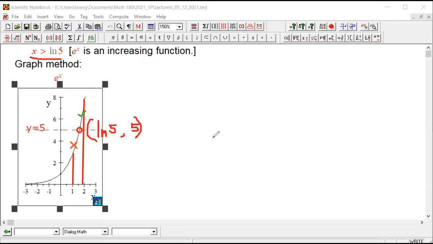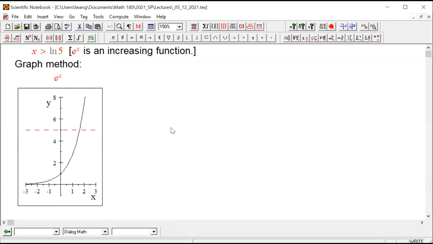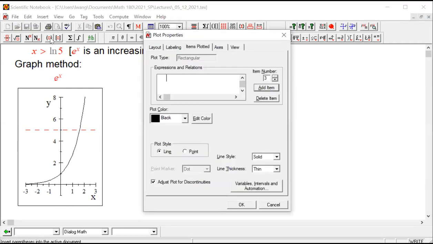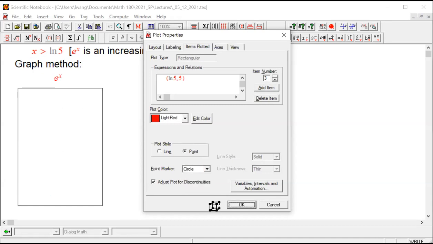Without further ado, let's keep going. I'm about to erase all of these, so I'm going to mark that point for your reference: ln 5, comma 5, a little red dot with a circle.